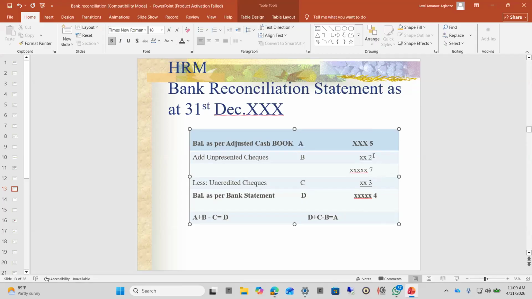Minus 2 gives you 5. Have you seen it? Yes, sir. So assuming they didn't give you the adjusted cash book, but they have given you the bank statement balance, and told you these checks were not presented and these checks were uncredited, can you find your cash book balance?